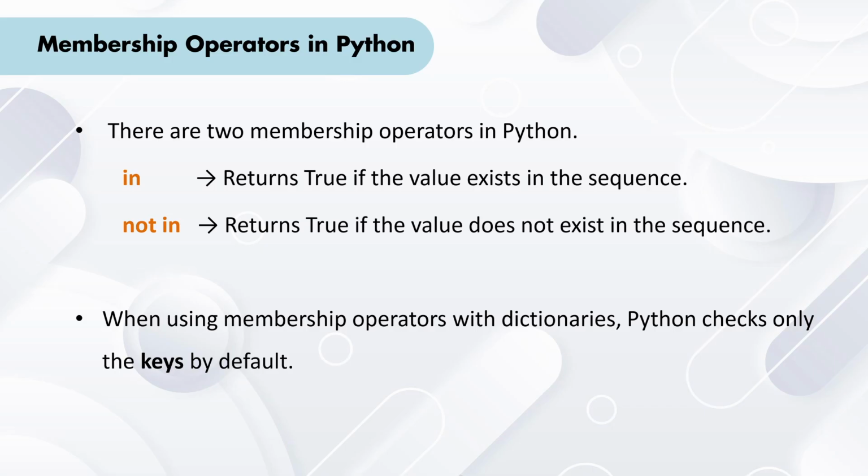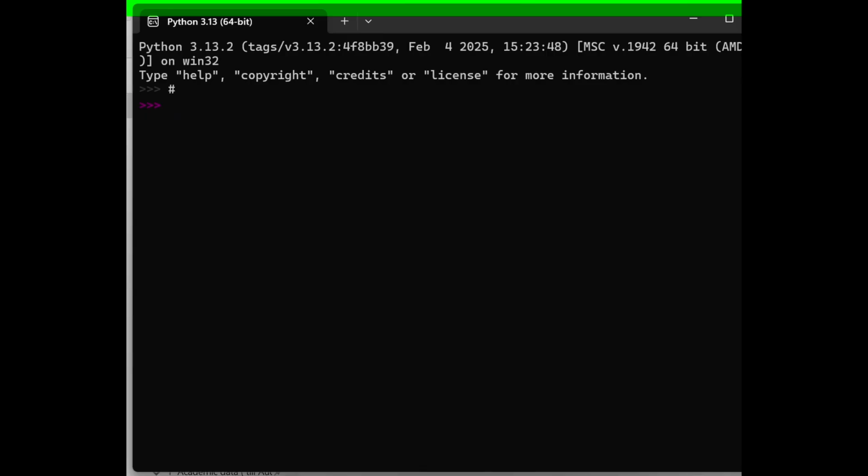Now let's see some examples of these membership operators. Let us write some code to show the use of membership operators. First, using membership operators with a list. In this example, we have a list containing numbers from 1 to 5.